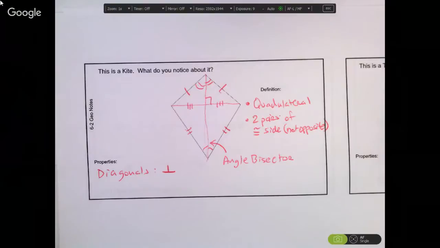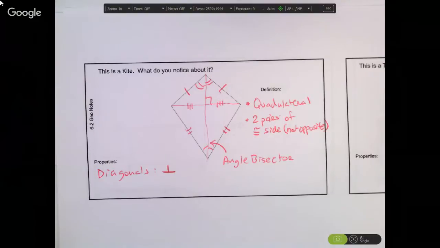when I ask you to do problems and I give you a kite, they're not going to be hard today. But when we have 9 different shapes and I say, remember kites are perpendicular, their diagonals meet at 90 degrees, that kind of stuff, you're going to go, I can't remember.